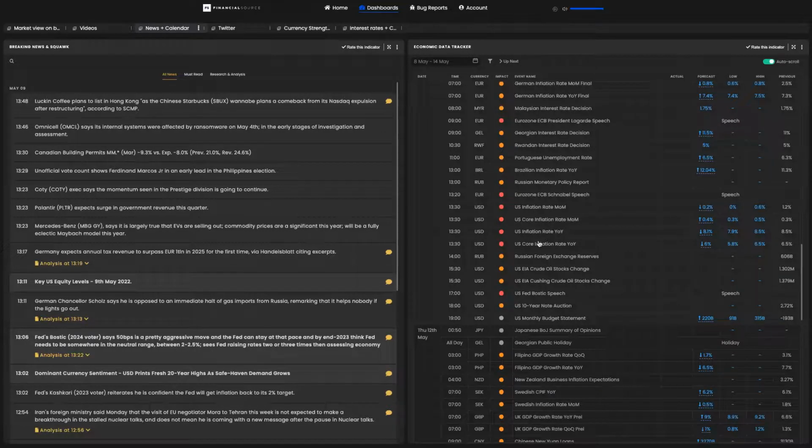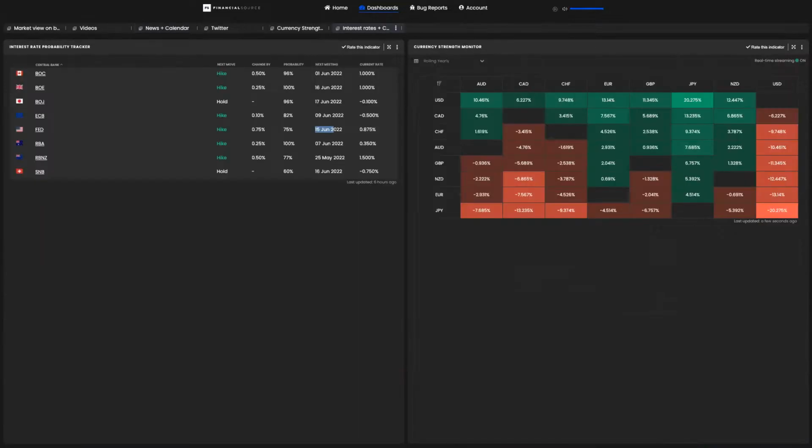Inflation data. It's a major narrative, not only for the US market, but for the globe. High inflation is a bane of central banks. They're desperate to control it. That's the reason they're hiking interest rates. That's why short-term interest rate markets are pricing in a 75% chance of a 75 basis points rate hike in June, because they're expecting the Fed to be aggressive.